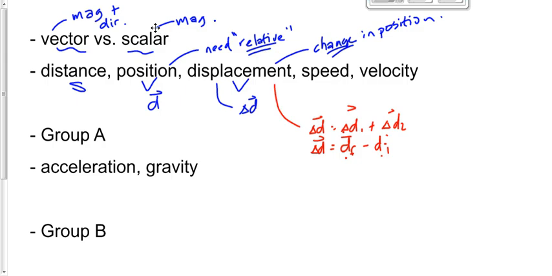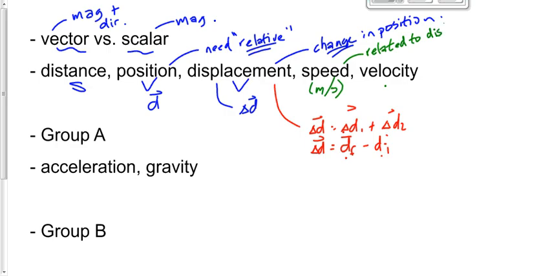Speed's how fast something travels, and it's related to the distance. The units for speed, by the way, are almost always going to be meters per second, although we can use things like kilometers per hour, but usually we go with meters per second because later on, as we start talking about acceleration, we've got to use meters per second. Velocity is related to displacement.